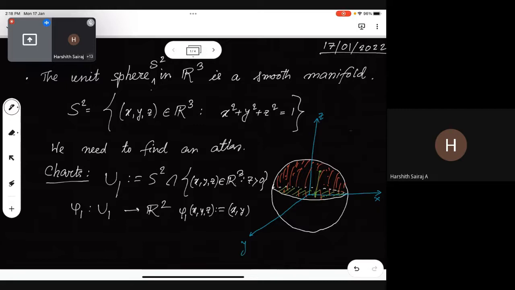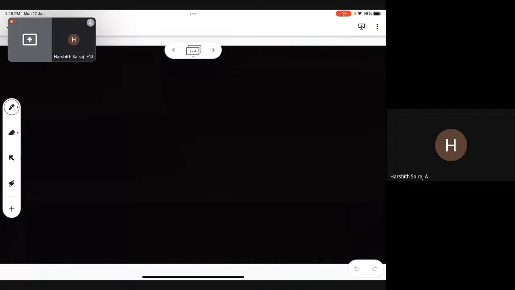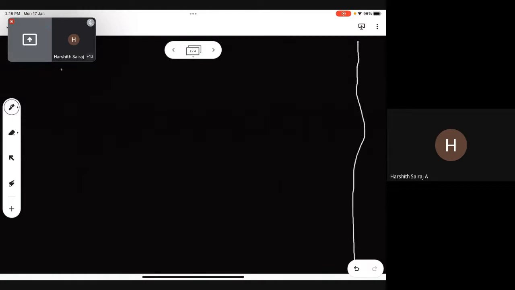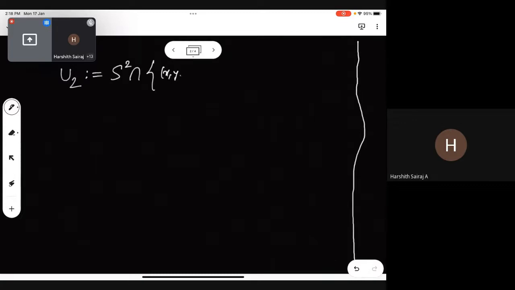So this is the first chart, and here let me divide the board into two parts. Now consider U2 as the following: S2 intersection {(x, y, z) in R3 such that z is less than 0}.